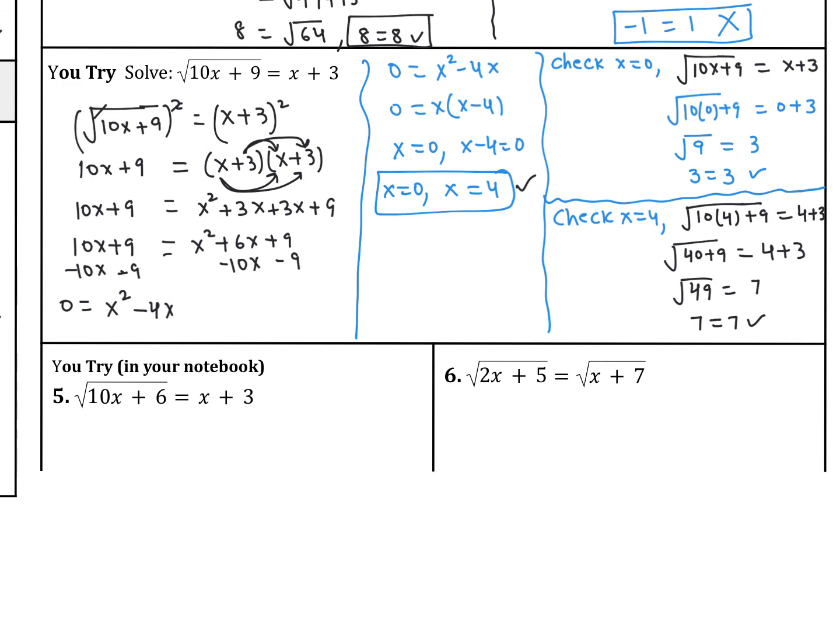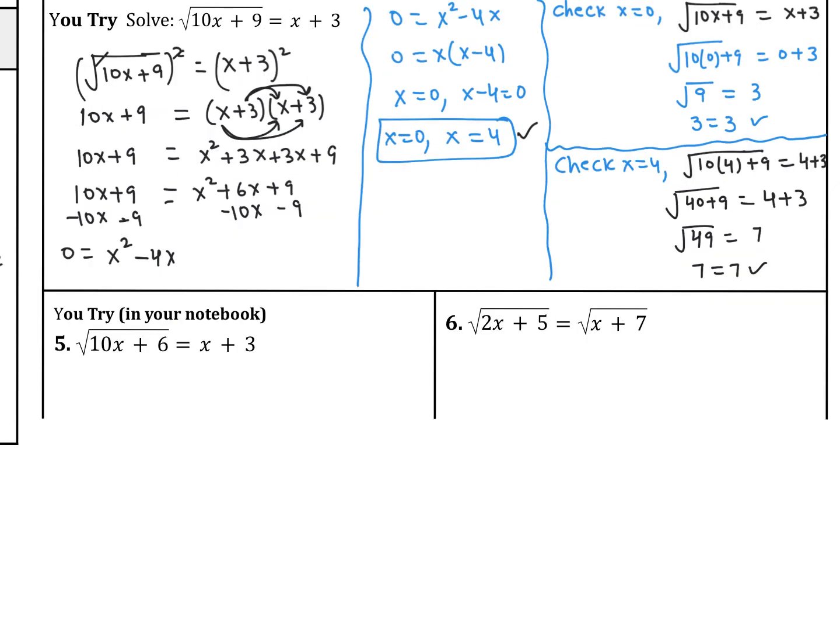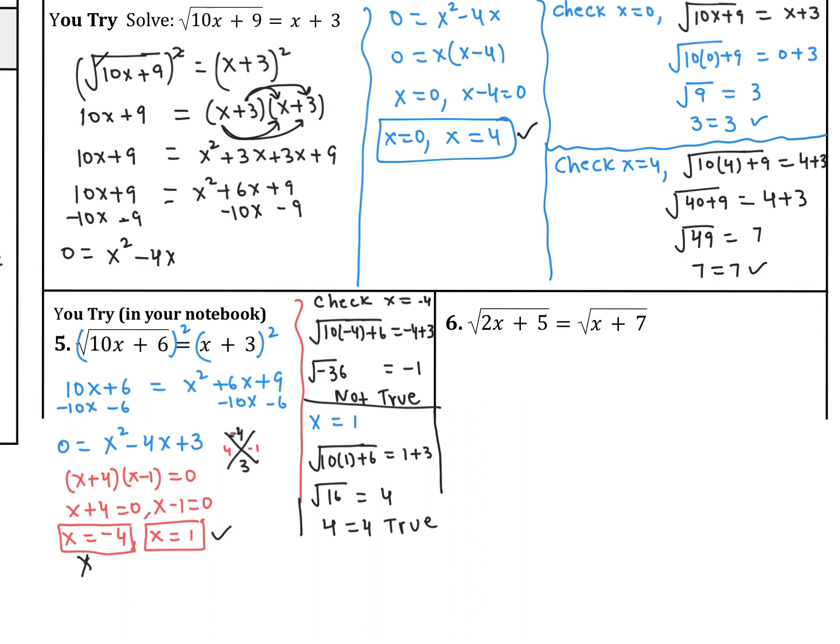Now you're going to try number 5 and number 6 in your notebooks and solve and check your answers. Let's now match the answers for number 5 and number 6. For number 5, square on both sides, the square root and square cancel. Here you're going to get x plus 3 squared, which is the same thing, foiling this by itself, and you got x squared plus 6x plus 9.